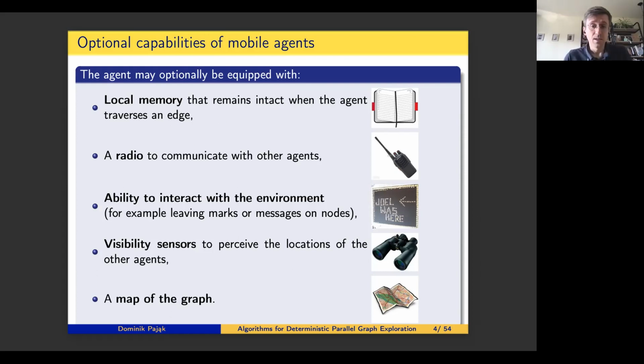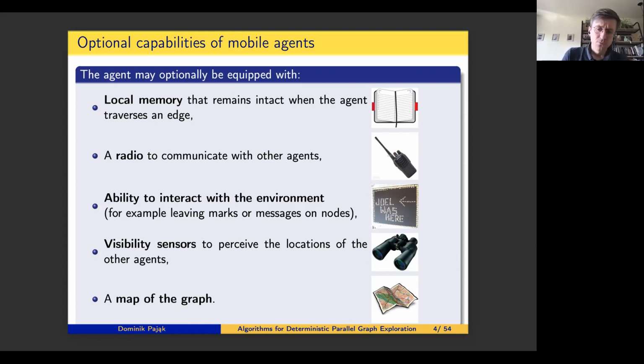Okay, so the third feature is the ability to interact with the environment, like for example, leaving some marks, information, messages for other agents that, for example, this node has been explored or something like this. So the third thing is whether they can interact or do something inside this environment.